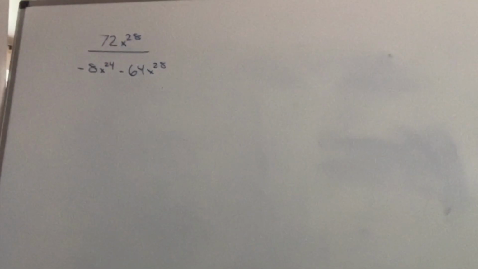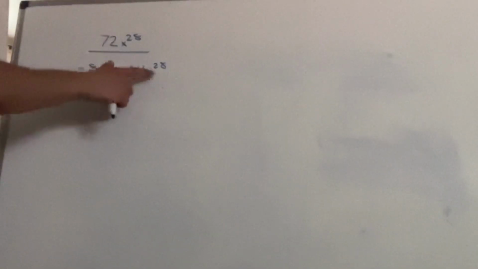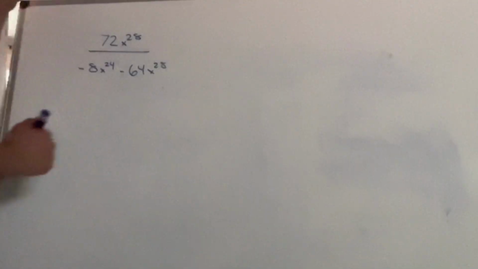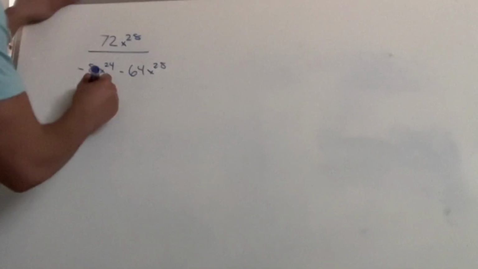Now let's go with the variables. This is x to the 24, and this is x to the 28. Well, we know x to the 28 can be rewritten as x to the 24 times x to the 4th, right? So we could do that.